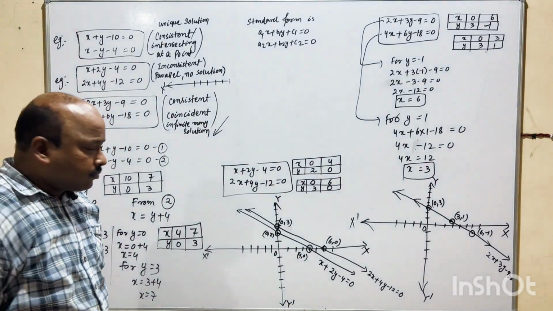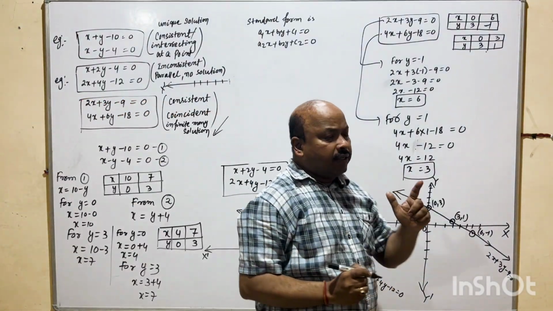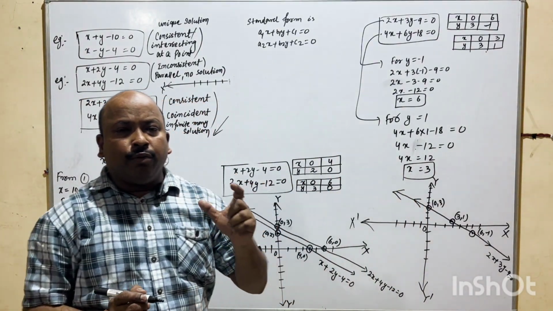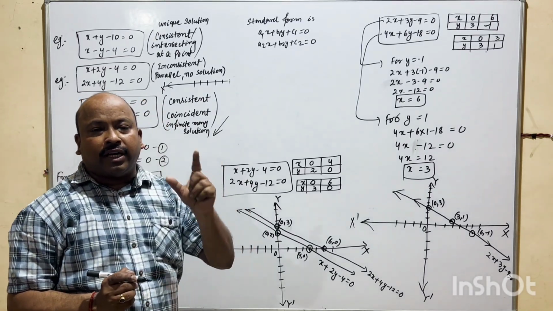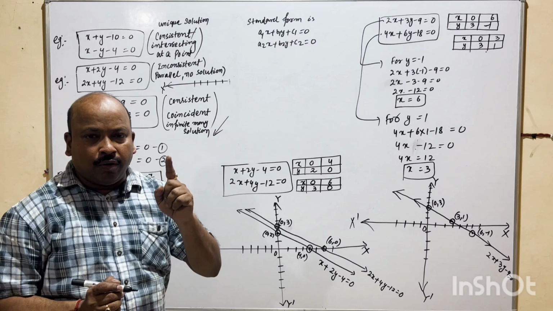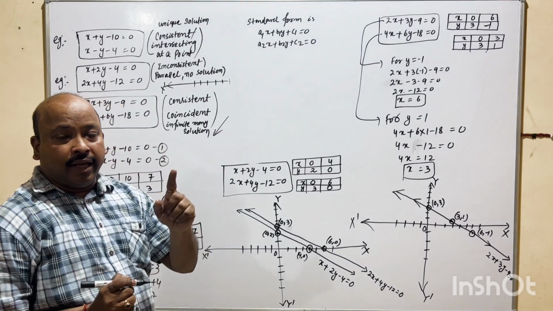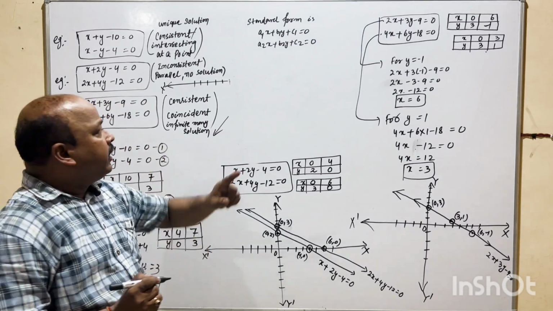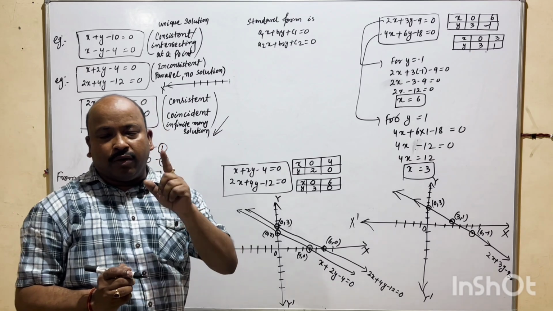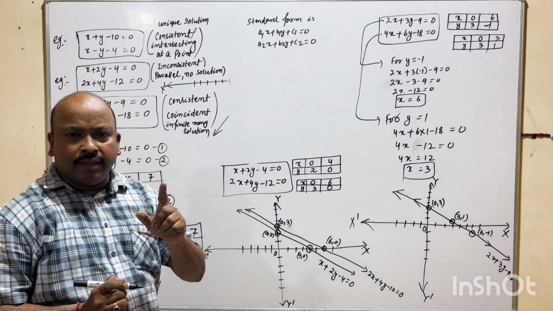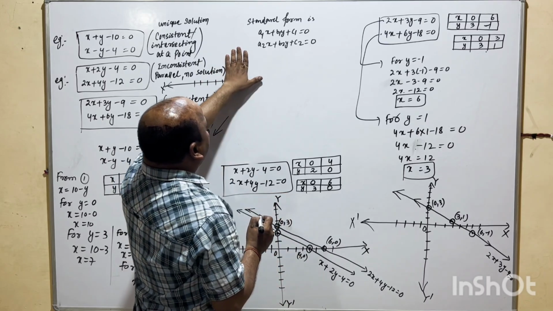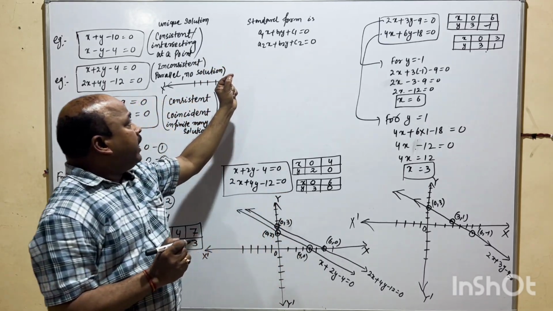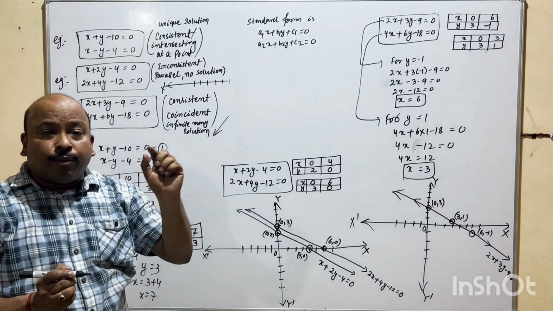Okay. So in the previous lecture I already informed you that ax plus by plus c equal to 0 is the standard form of a linear equation in two variables, where a, b, c are real numbers, a square plus b square is not equal to 0, right? Either a or b equal to 0, not both 0.